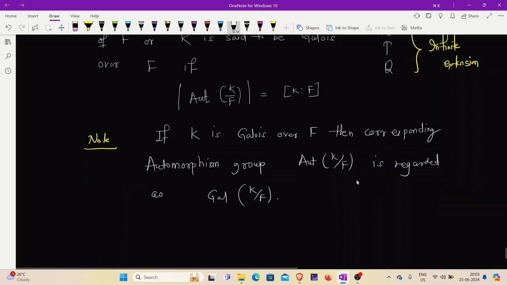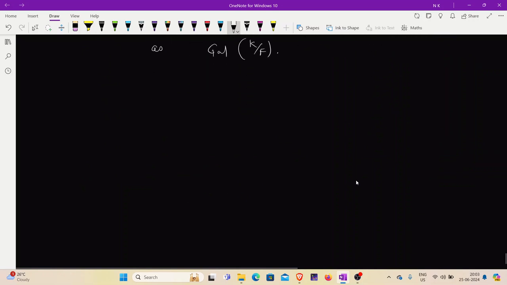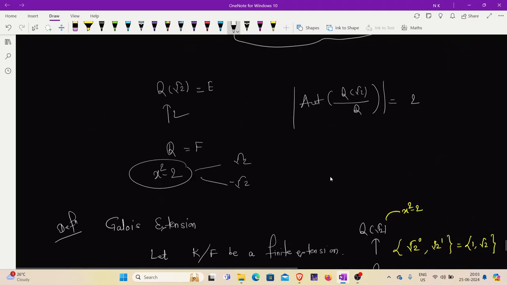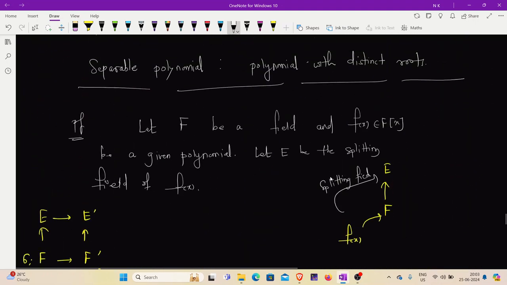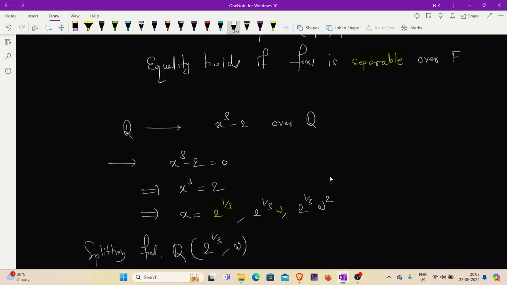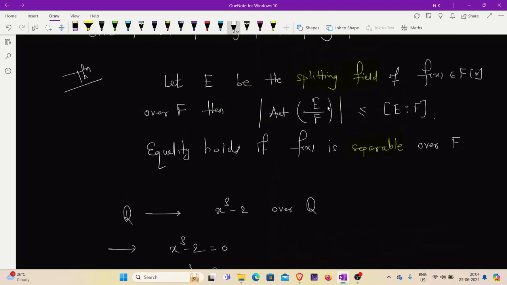Now we will try to utilize the result that we have already seen, and we'll try to accomplish one corollary here. This particular theorem says that equality holds if f(x) is separable over F. That means if you are provided with a separable polynomial, meaning a polynomial with distinct roots, where each and every root of that polynomial is simple, meaning it is not repeated more than one time.